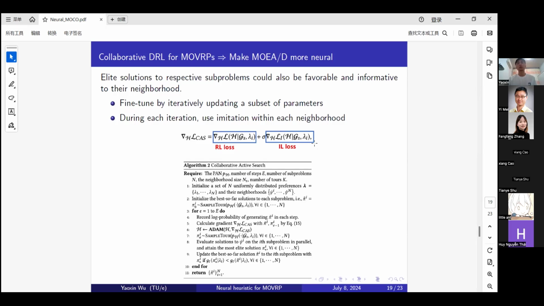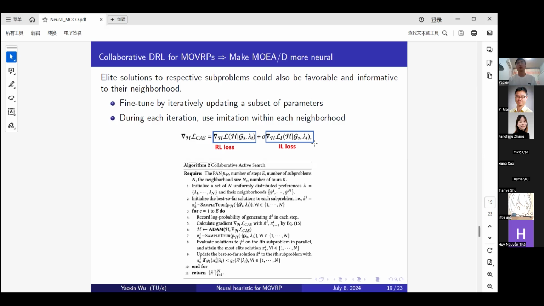If this solution is better for any other single objective VRP, we replace the previous solution with this better solution.